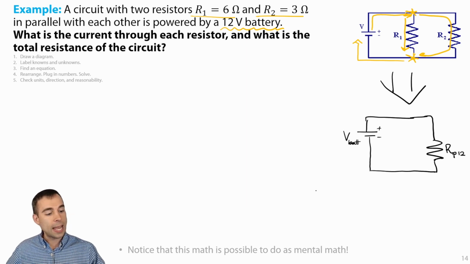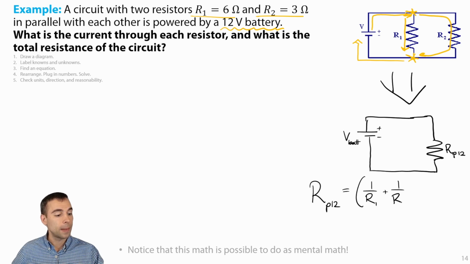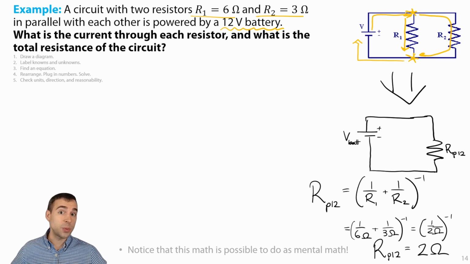And so I know that R parallel for resistor 1, 2 is going to be the addition of the inverse resistance values, reinverted in the end. In this case, we see that the total equivalent resistance of these 2 resistors in parallel with one another is just 2 ohms.